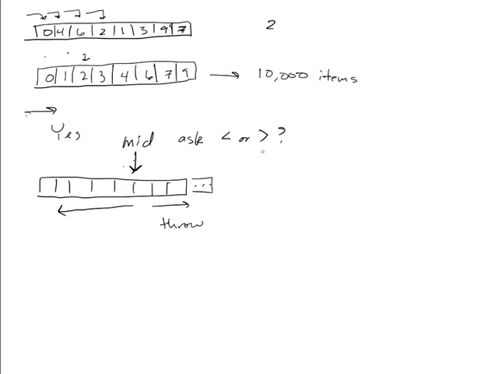Well, if our number is greater than this midpoint value, then we know we need to look here. If it happens to equal our midpoint value, then hey, what do you know? We found it. We got lucky. And then we can continue that approach until we either find the answer or we run out of things to look for. And so this is also known as a binary search.